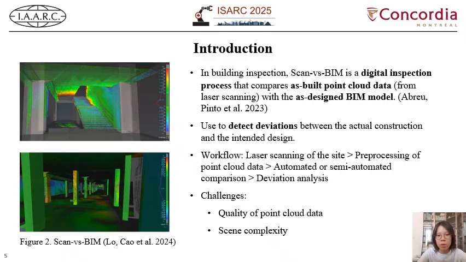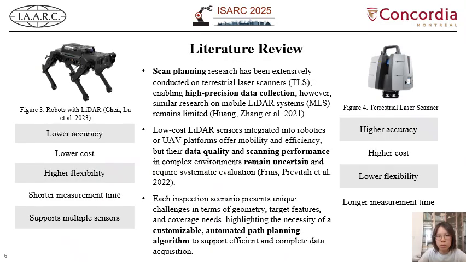Usually the workflow will be laser scanning of the site, pre-processing, semi-automated or automated comparison, and deviation analysis. The challenges we face are that the quality of the point cloud data is very important, as well as the scene complexity, which are the major challenges in the scan versus BIM process.